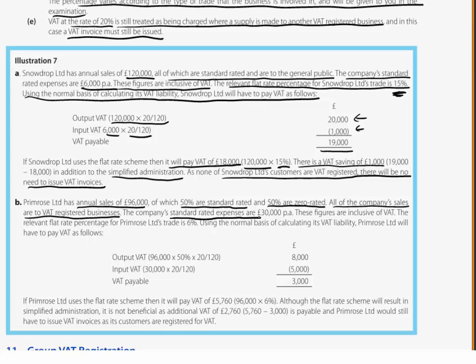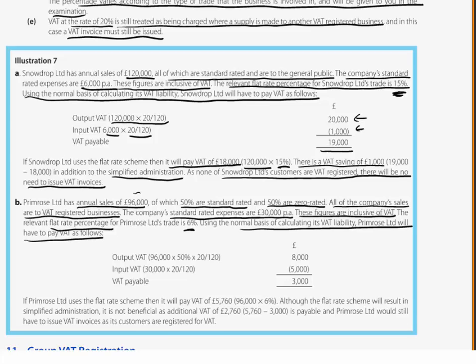The company's standard rated expenses are £30,000 per annum, and again these figures are inclusive of VAT, so we're going to take 20 over 120 in terms of establishing the relevant amount of output and input tax. Our relevant flat rate percentage provided to us is 6%. Using the normal basis of calculating its VAT liability, Primrose Limited will have to pay VAT as follows.